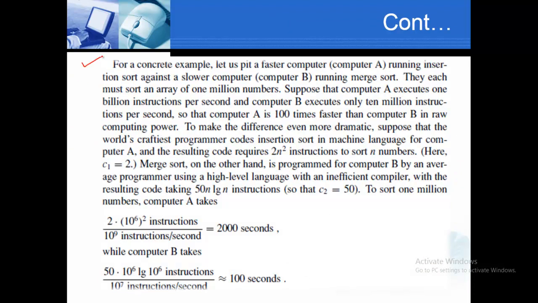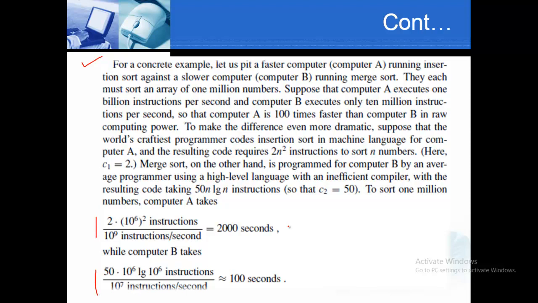It's a case study, and I request you to read it. But in short, for a concrete example, let us pit a faster computer A running insertion sort against a slower computer B running merge sort. Okay, so both are different computers.